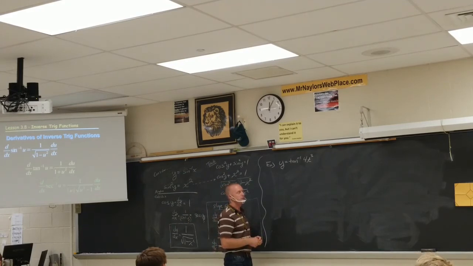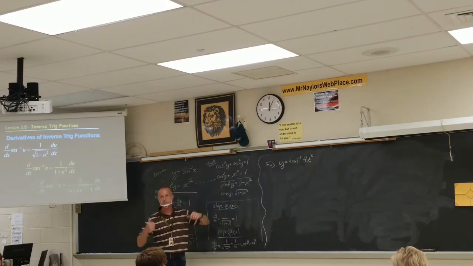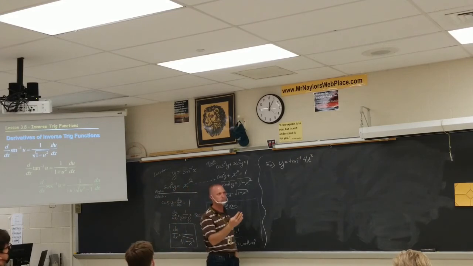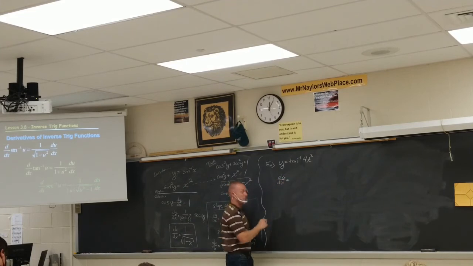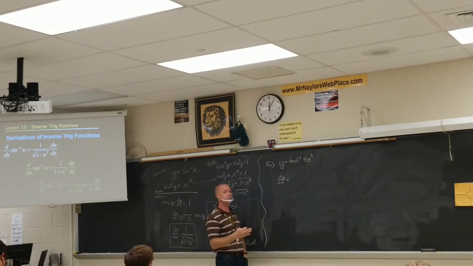Let's make sure we understand that if I give you an inverse trig function, it's rule time. You're supposed to plug it into these rules. Who doesn't like a rule now and then? You just plug into it. I don't want to say I don't have to do too much thinking, but don't do too much thinking. Trust the rule.